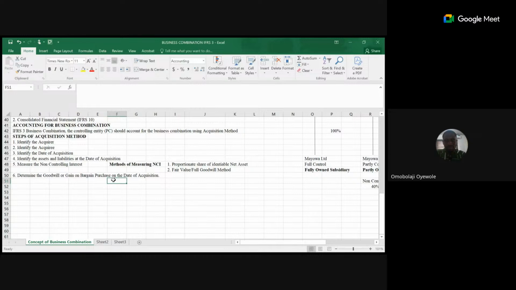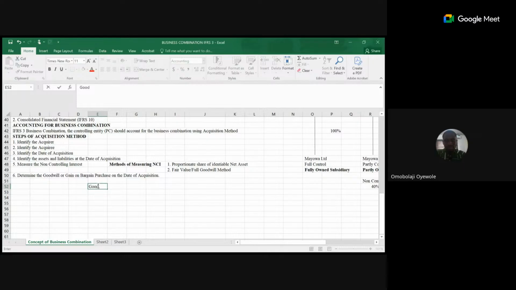The consideration is the amount that we pay to acquire the company. Let's say I paid 20 million, so my 20 million is the consideration I transfer at the beginning. Then the difference between the consideration I transfer and the net assets of the company as at the date of acquisition will give me either goodwill or gain on bargain purchase.